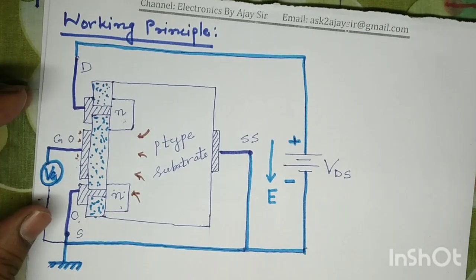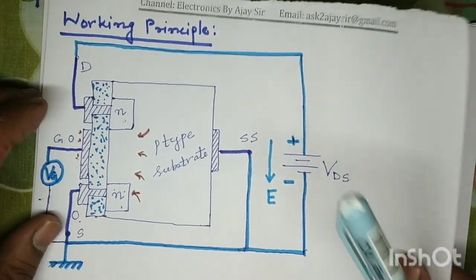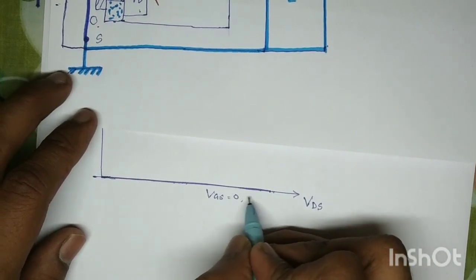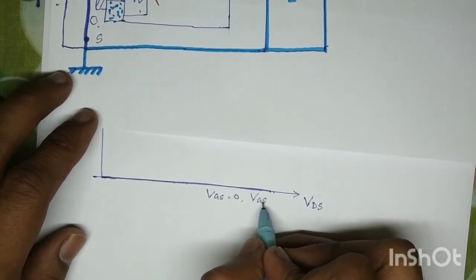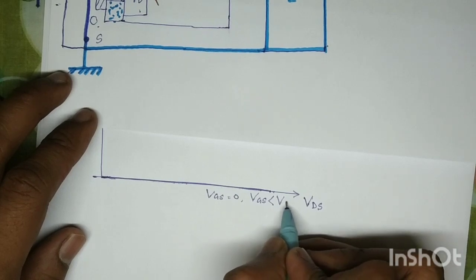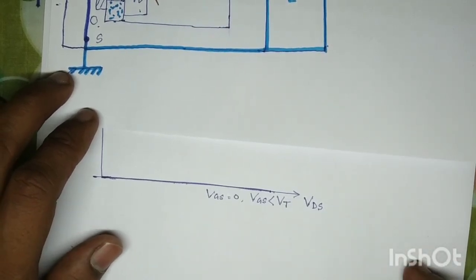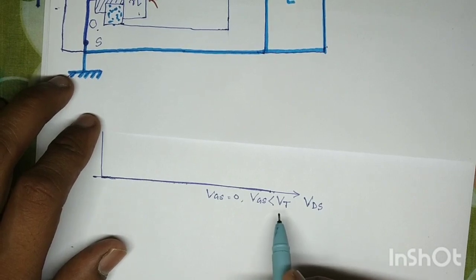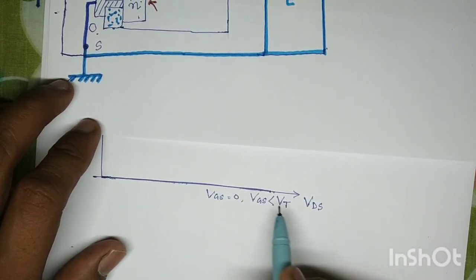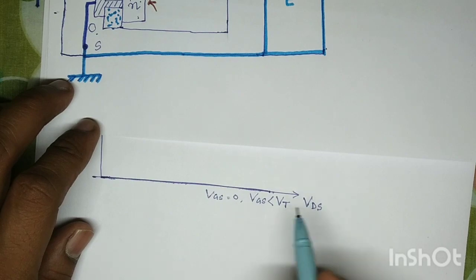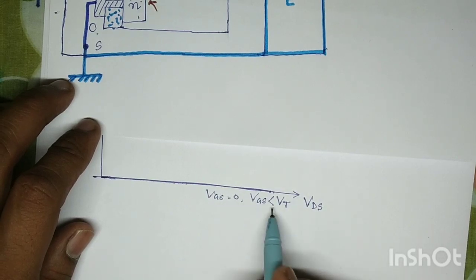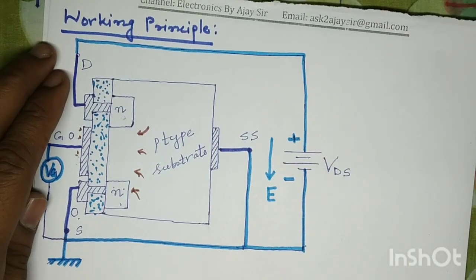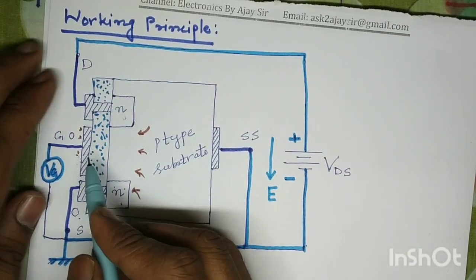So not only for VGS equals to 0, even if VGS is lesser than some critical positive potential, called the threshold potential, the current conduction in this enhancement type MOSFET is very small, and we can assume the current is equal to 0 when VGS is less than VT, the threshold voltage.